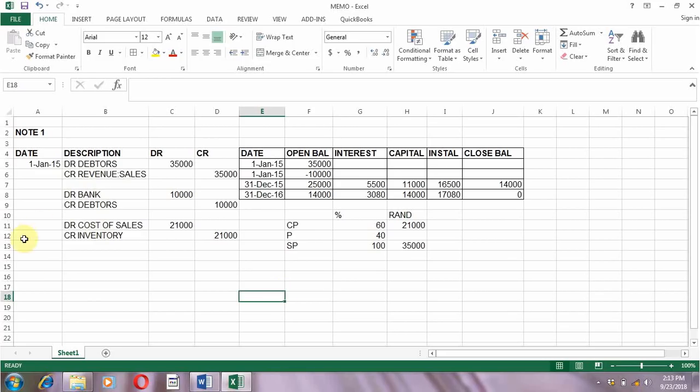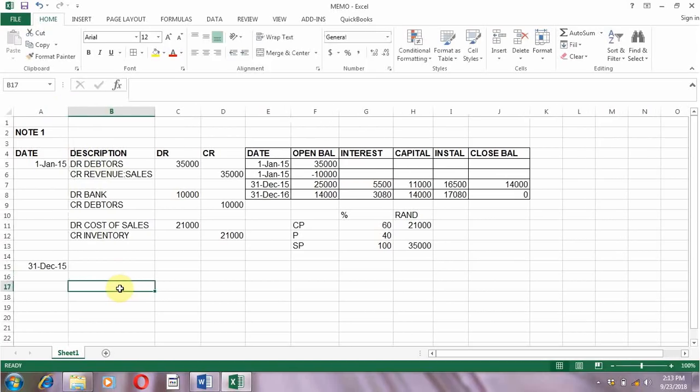We will then move on to year end, which is 31st December 2015. There we need to recognize two things, that there's interest that needs to be recognized and that there's a payment that needs to be received. So to recognize the interest, I'm going to debit the debtor because the debtor owes me more, and I will credit my revenue account, but the interest one.